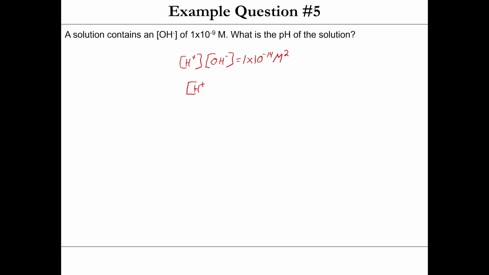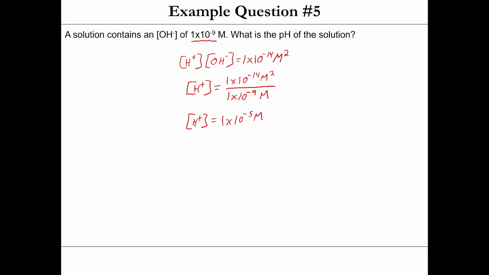So the proton concentration equals 1 times 10 to the negative 14 molar squared divided by what we were given as the hydroxide ion concentration from the question, which is 1 times 10 to the negative 9 molar. If we plug this into our calculator, we can see that the proton concentration is going to be 1 times 10 to the negative 5 molar.